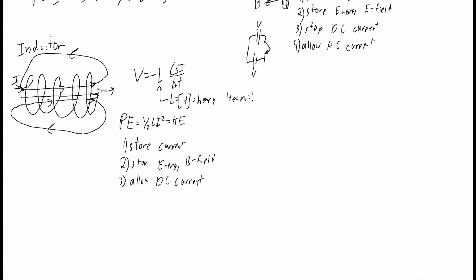But that also means that it is a filter for AC current. So if you have noise in your radio for some reason or another, noise tends to be an AC current thing, and so we will put some ferrite chokes onto the wires, which will act like an inductor.